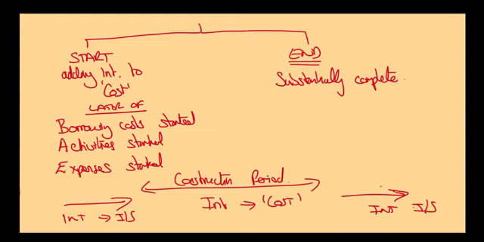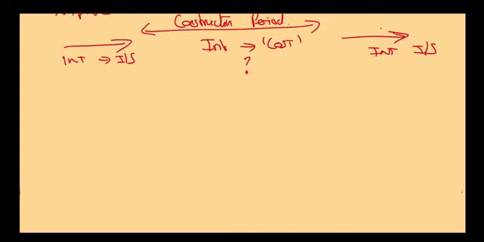Okay, hope that's clear. So the next bit is then, how do I calculate this amount? Right, let's say the asset cost is 4,000.